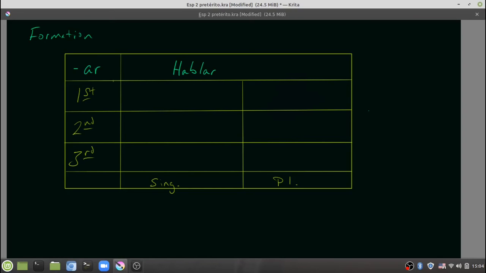Remember, the conjugation chart always works the same way: first, second, third person, singular on the left-hand column, plural on the right-hand column. I'm going to go ahead and fill this in with the subject pronouns: yo, tú, él, ella, usted, nosotros and nosotras, vosotros, and vosotras.